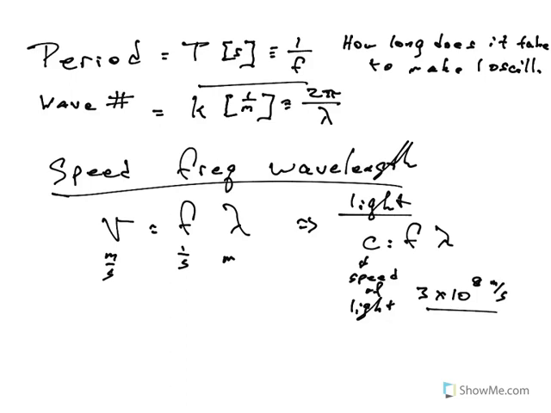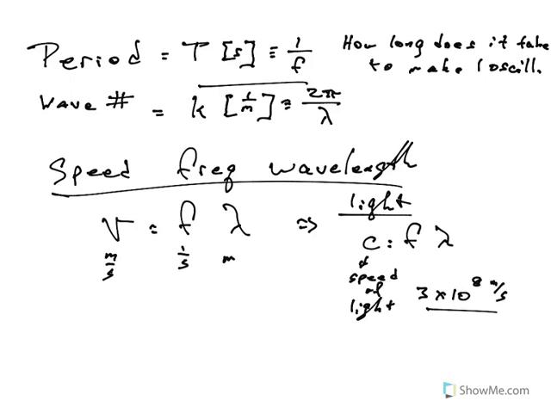And it's always this number no matter what. And so the frequency and the wavelength will change so that the speed of light is always the same number. With other waves, like water waves, of course, the velocity can be different. It doesn't have to be a constant number.